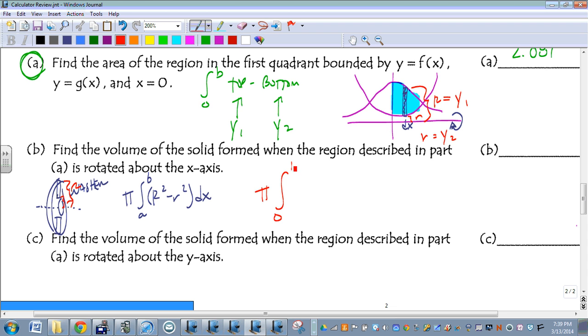Either put in that 3 decimal approximation, the 1.199, or at some point, if you say b equals 1.199, you can just write it as b, as long as you have it labeled somewhere. So from 0 to b, and we're doing y sub 1 squared minus y sub 2 squared dx.